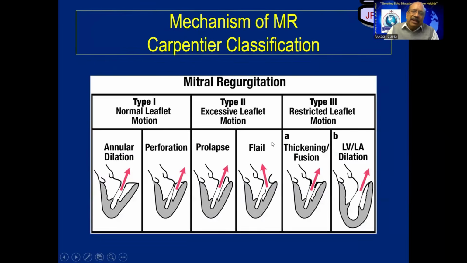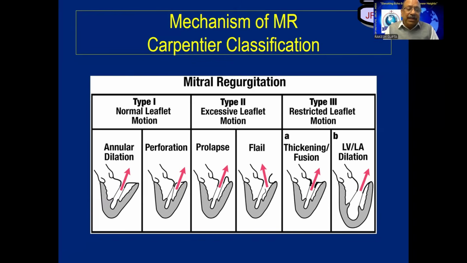This is what we talk about when we discuss etiopathogenesis by the Carpentier classification for surgical purposes. We always write type 1, type 2, type 3. What is the importance of this? We say normal leaflet, excessive movement, restrictive leaflets. Normal movement, like I showed you an example of infective endocarditis with perforation.